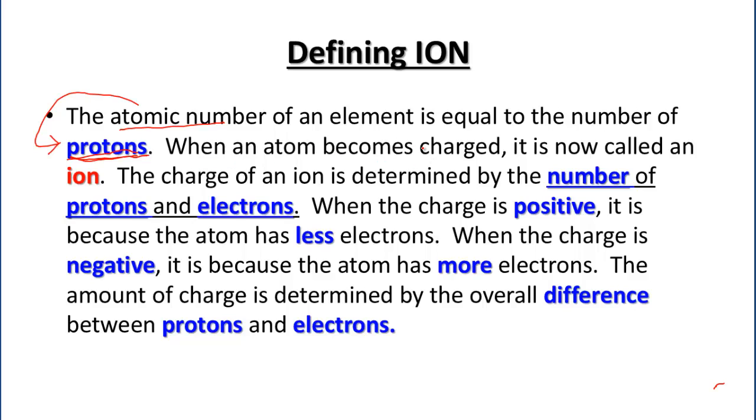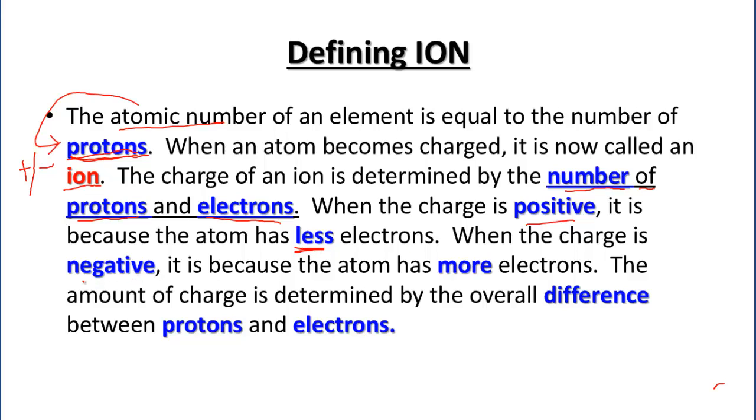When an atom becomes charged, it is now called an ion, meaning it's either going to become positive or negative, depending on what happens. In your notes, just fix up the charge of an ion is determined by the number of protons and electrons. Just fix that up a little bit if it is wrong in your notes. When the charge is positive, it's because the atom has less electrons.